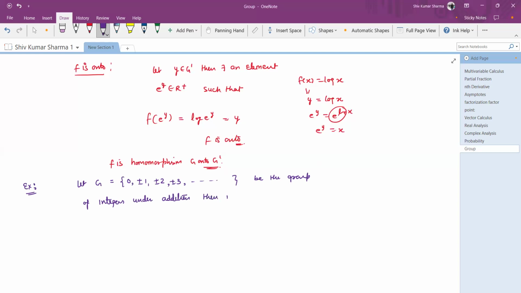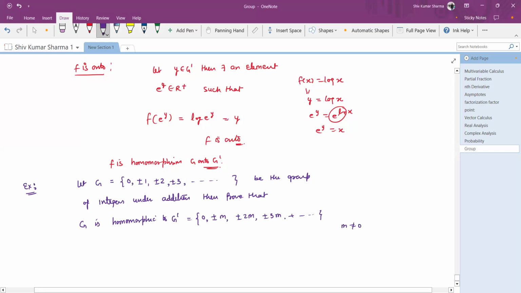Then prove that G is homomorphic to G dash, where G dash is equal to 0, plus minus m, plus minus 2m, plus minus 3m, and so on, where m is not equal to 0.